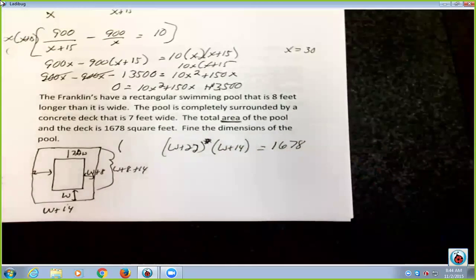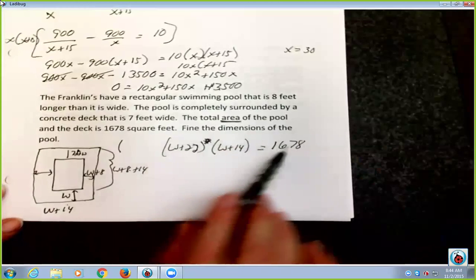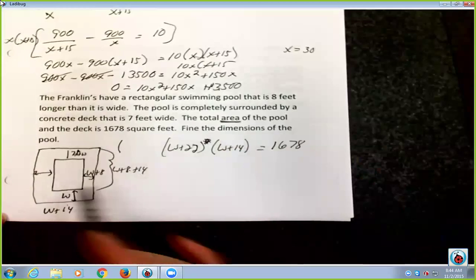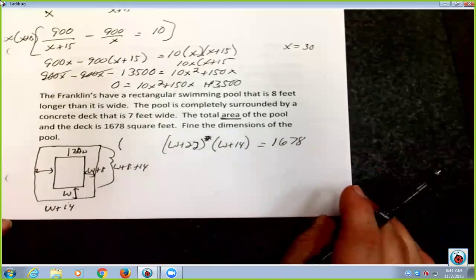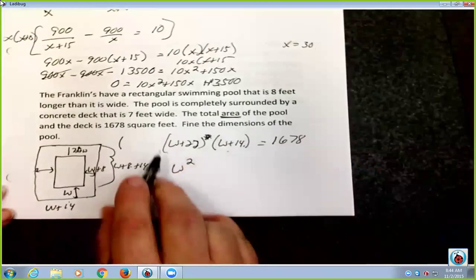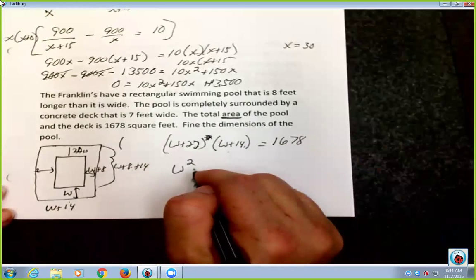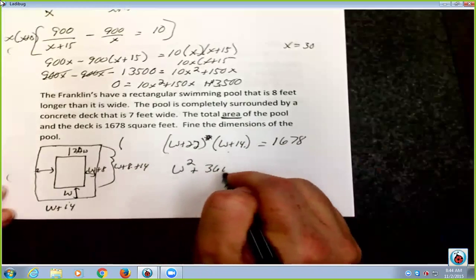So some of these are a little tricky when you get into putting your pieces together. So you want to make sure that you get your sections together in there. So then what comes out of this piece? I've multiplied this out. W times W is W squared. 14W and 22W is a plus 36W.